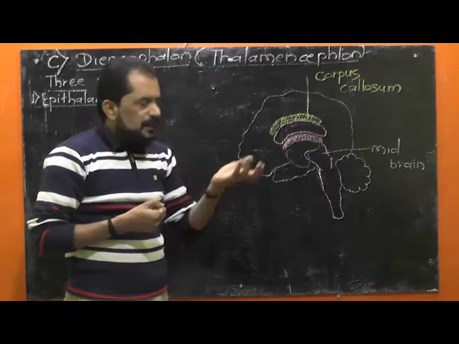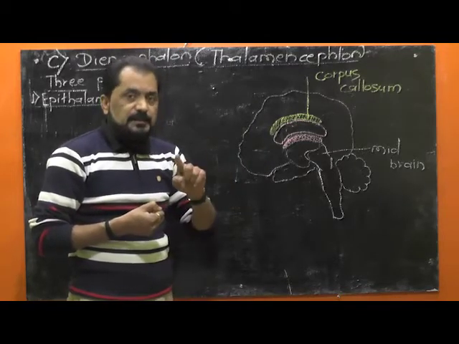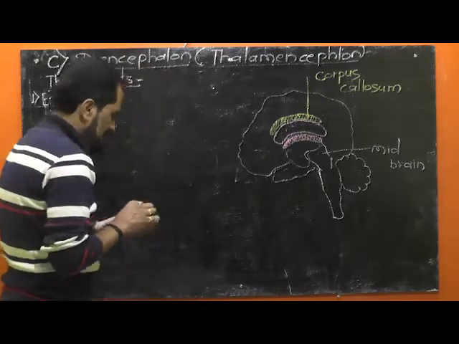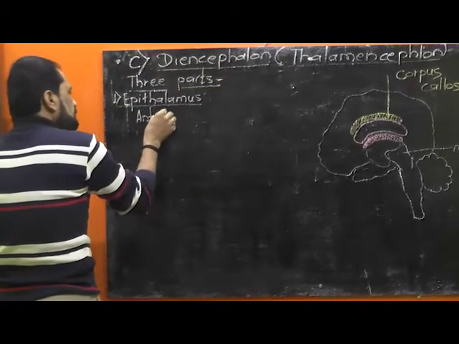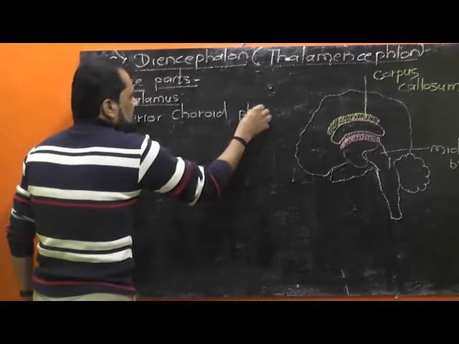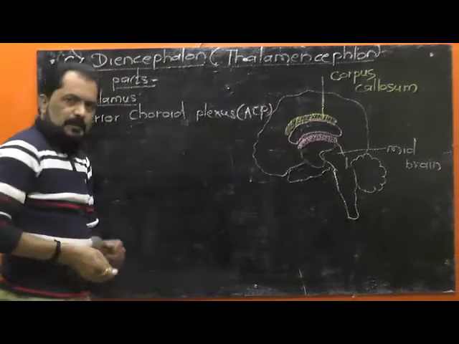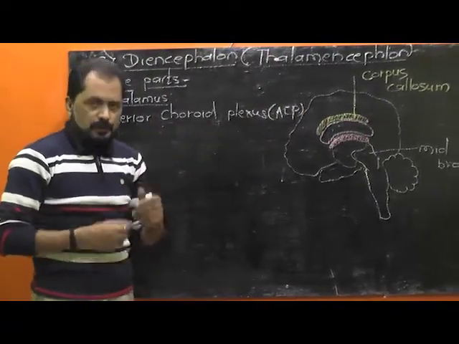I said it shows a dense network of blood capillaries and that dense network of blood capillaries of epithalamus is known as anterior choroid plexus. Anterior choroid plexus, it can be abbreviated as ACP. Now here plexus, this word stands for network.